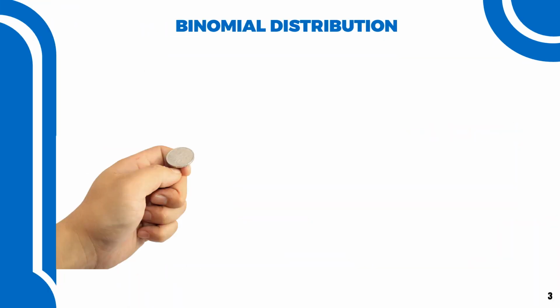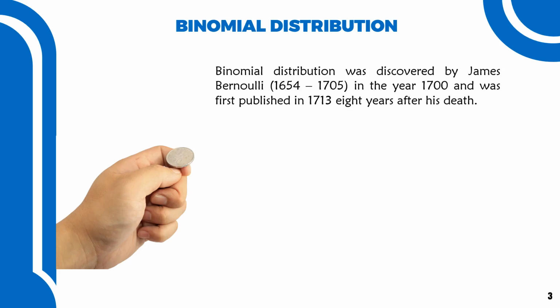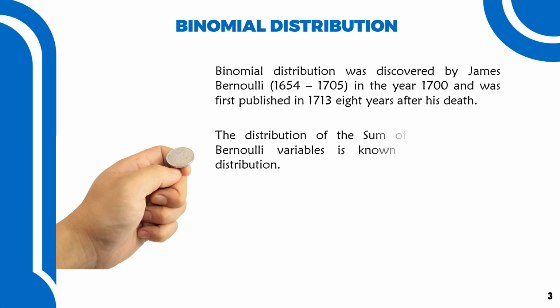What is binomial distribution? Binomial distribution was discovered by James Bernoulli in the year 1700 and was first published in 1713, 8 years after his death. The distribution of the sum of n independent Bernoulli variables is known as a binomial distribution.